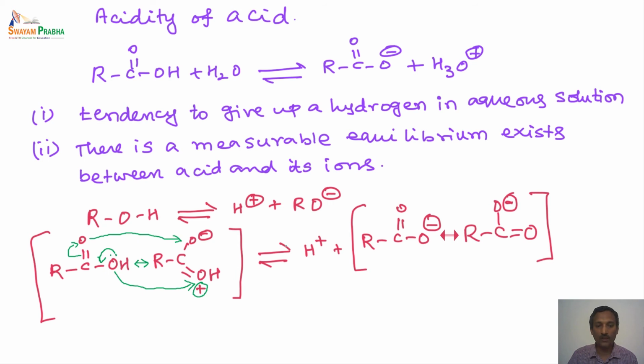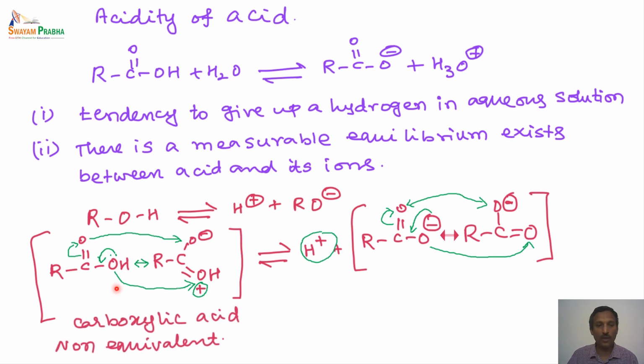This carboxylic acid can lose a proton to give a carboxylate ion. So in this carboxylate ion, what happens? This electron can shift towards like this, and this can be going like this. So this oxygen becomes O negative, and these electrons are shifted between these carbons, so this becomes a double bond.